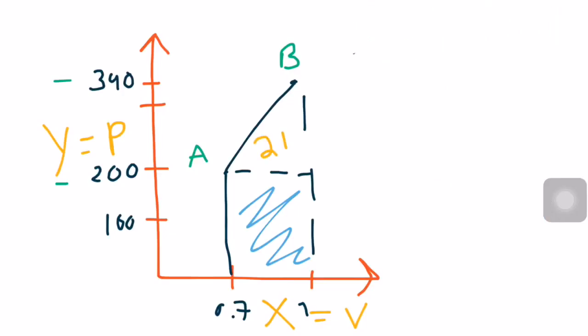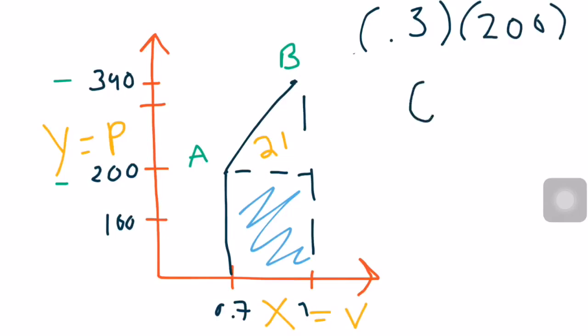For the rectangle, the base is 0.3 multiplied by 200, and the result is 60. In order to get the final result, we have to add both results that we have.